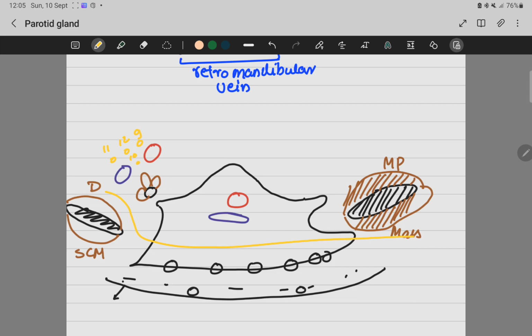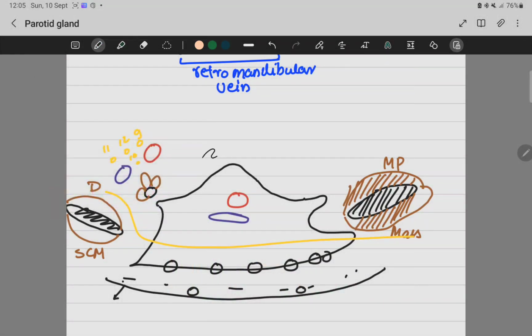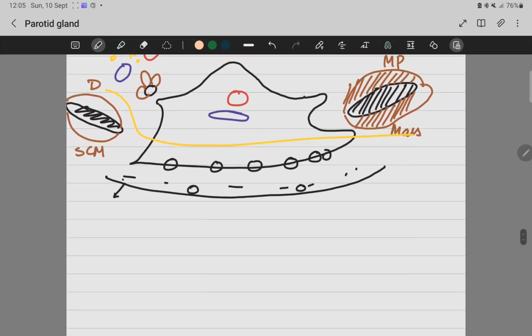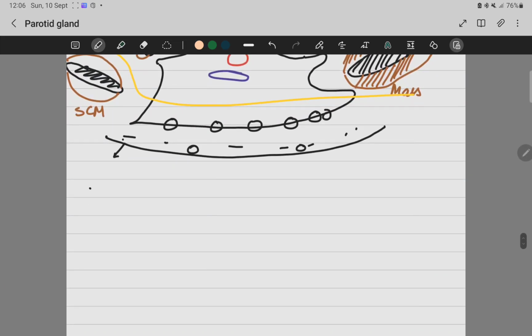And that is the pharyngeal wall. It's a rough sketch of the horizontal section of the parotid gland. Moving on to the nerve supply.